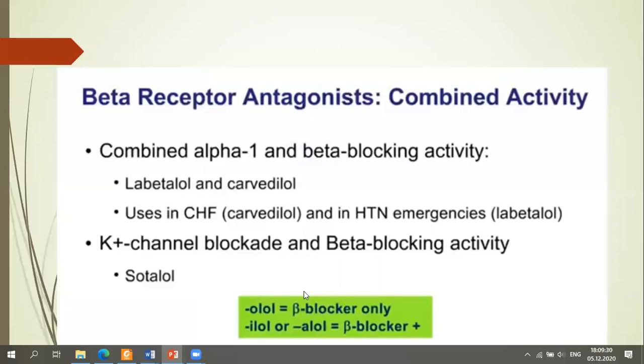Yes, if it ends with OLOL, it is only a beta blocker.